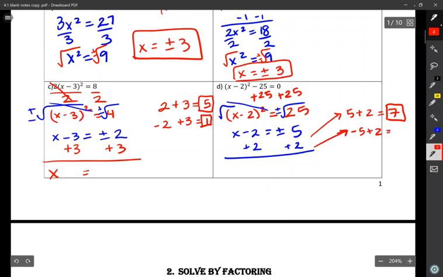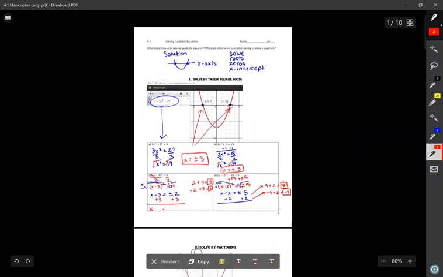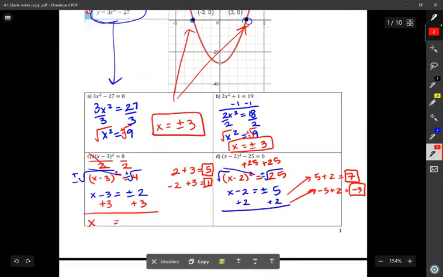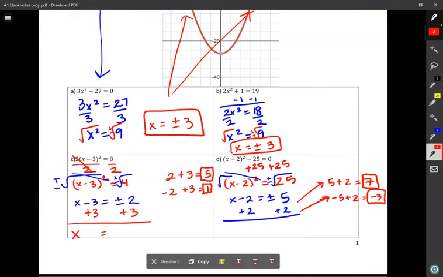And those would be the biggest mistakes, that people forget to take the positive and negative of it. So that is solving quadratics by taking square roots. Notice how many x's are in the problem? Actually, don't write this down, but there's just an x squared, there's just an x squared, there's just an x squared.